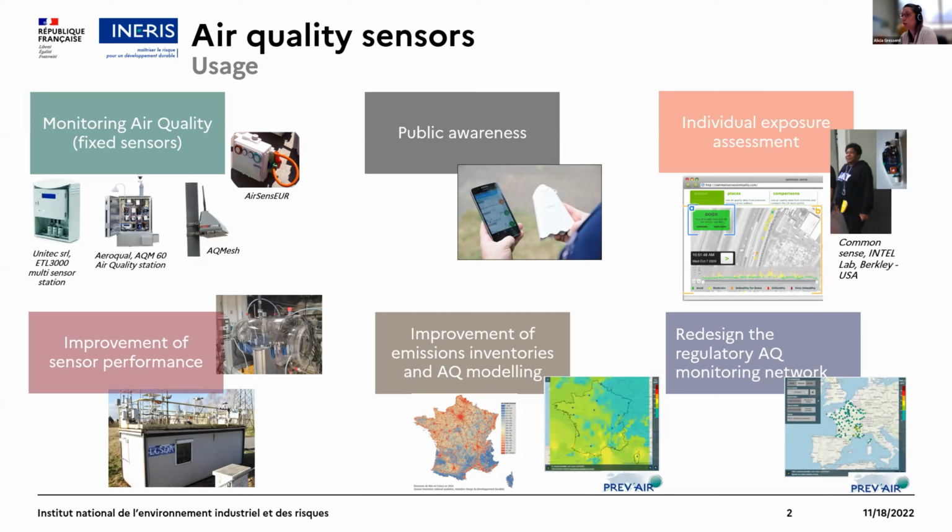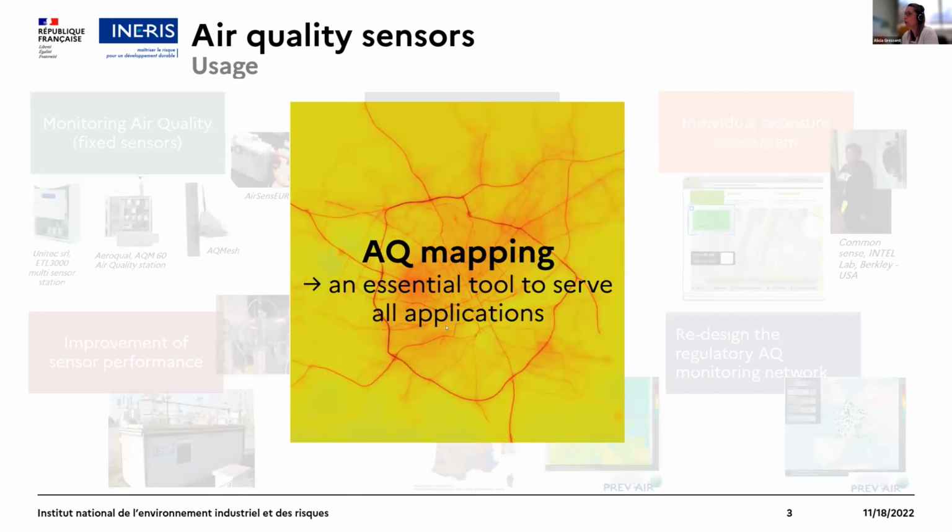They can be used for the improvement of the emissions inventories of air pollutants, and also for the modeling of these pollutant concentrations. We also would like to use these sensors for the redesign of the regulatory air quality monitoring network. And to actually serve these different applications, we use an essential tool, which is air quality mapping. So I will focus the rest of my presentation on air quality mapping, and in particular at the urban scale.